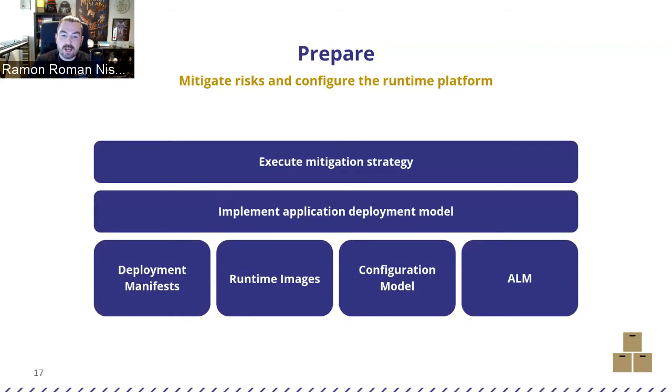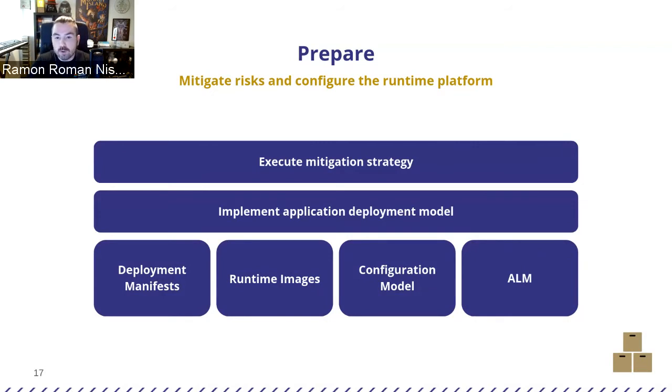And also, and this is more related to Kubernetes itself as a platform, it's implementing the application deployment model. And when we're talking about Kubernetes, one of the key things are the deployment manifests, or the way in which all the objects that will support the application deployment would look like. Also, runtime images. What images are we going to use to deploy our applications on Kubernetes?